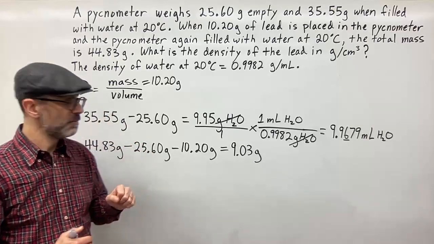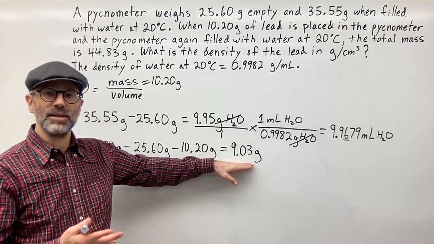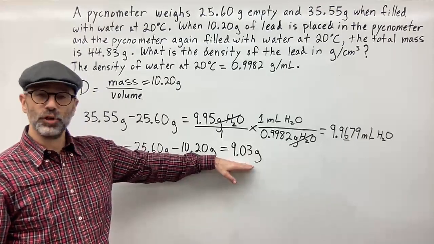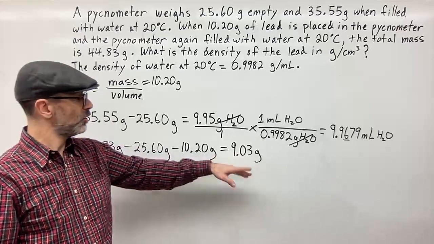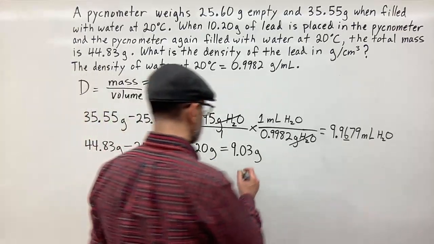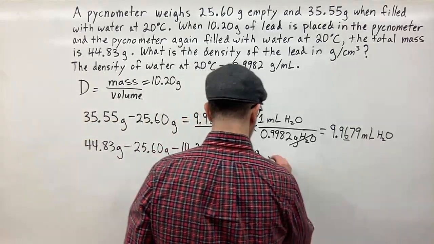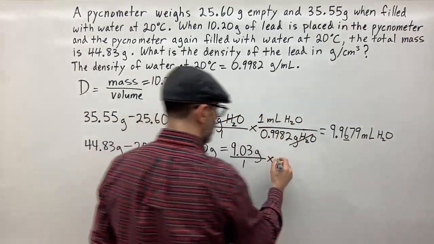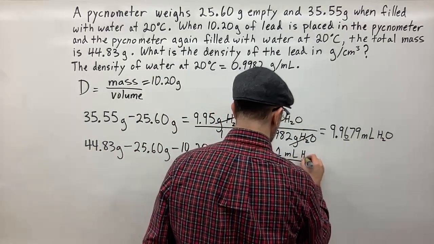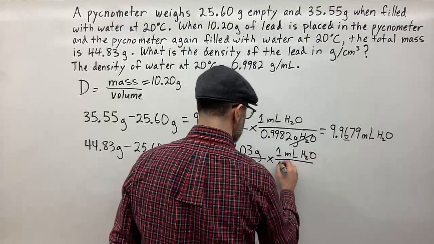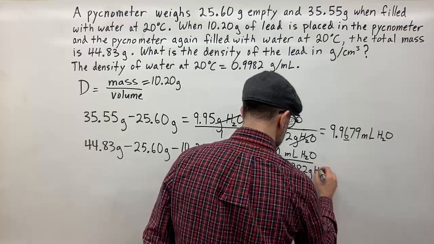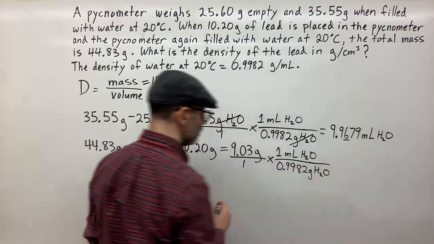So that's the mass of the water that took up the rest of the volume after putting in the lead. So now that I have the mass of the water that was in the pycnometer with the lead, I can convert this to volume using, again, the density. So now I'm going to take this and multiply by the same conversion factor. So I have 1 milliliter of water per 0.9982 grams of water.